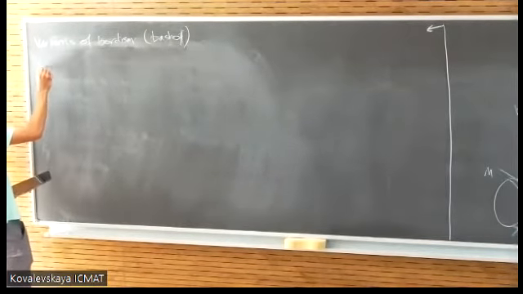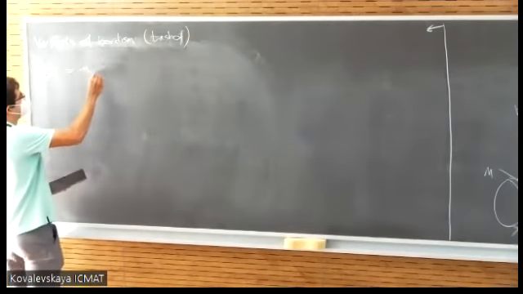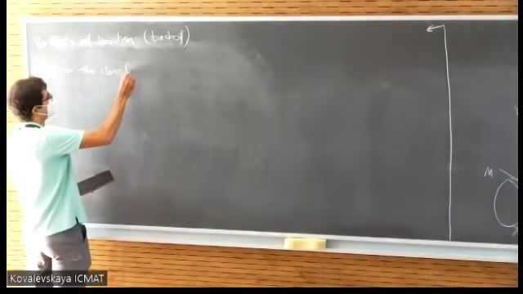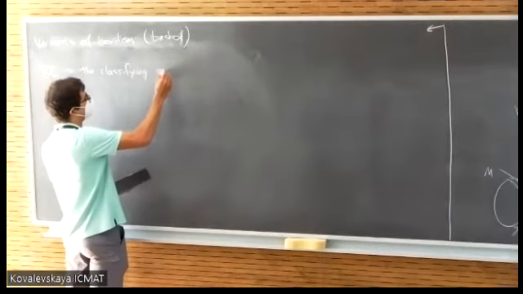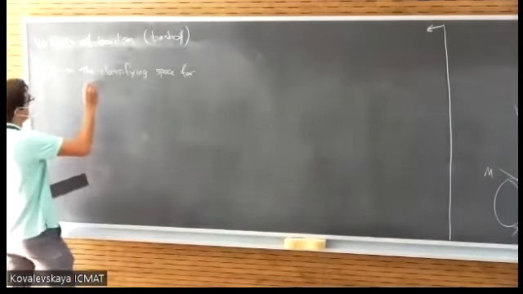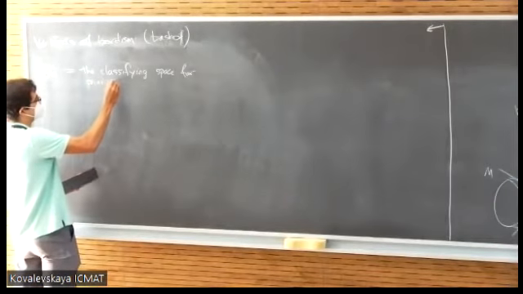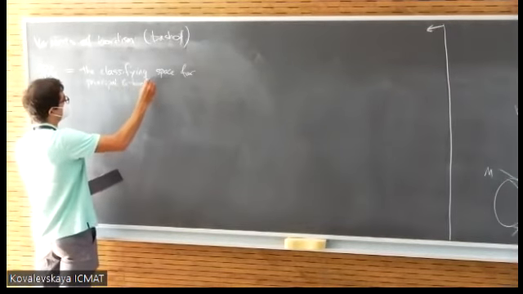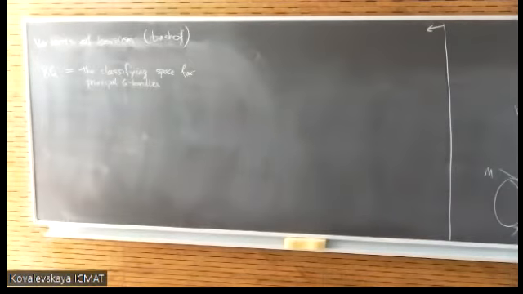So there is a space BG, which is the classifying space for principal G bundles. If this is something that you've seen before, okay. If not, this is one of the things about algebraic topology: this space, typically for nice Lie groups like U(N) or even U(1), is horribly infinite dimensional. But the tools that we have with algebraic topology allow us to not worry about that and still compute.